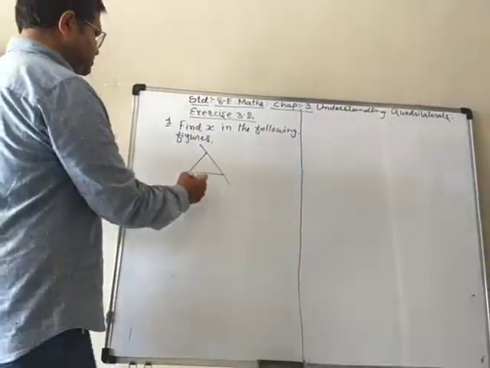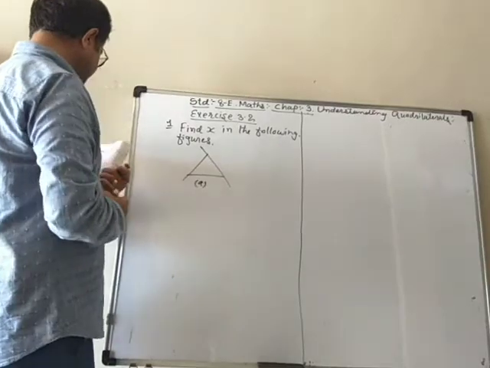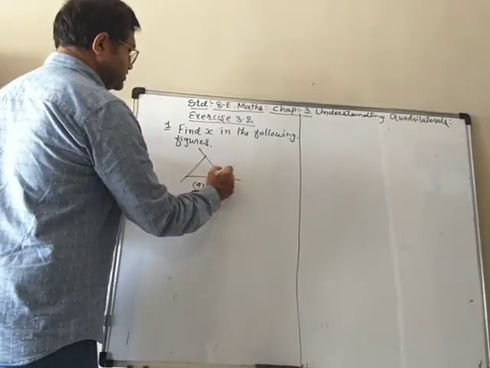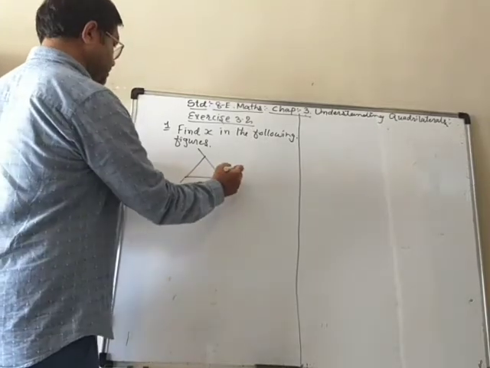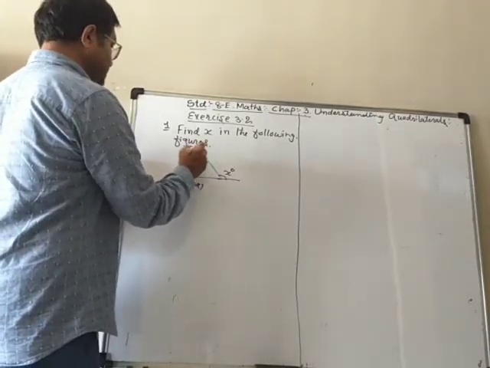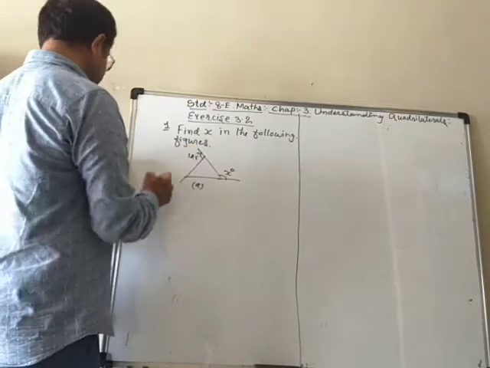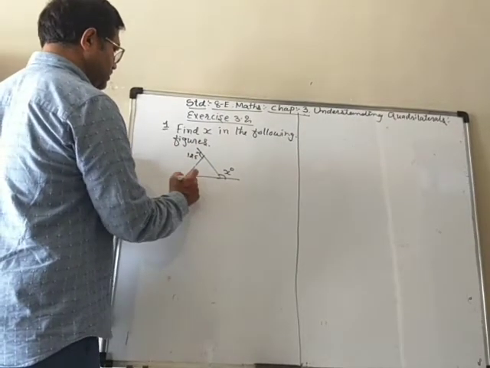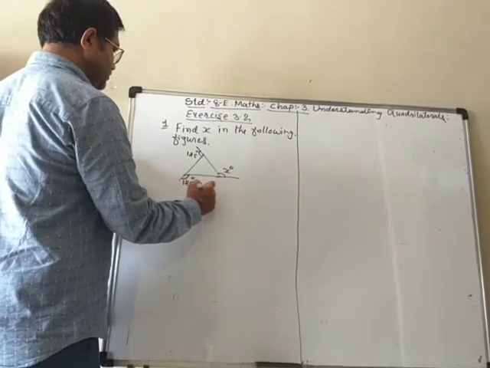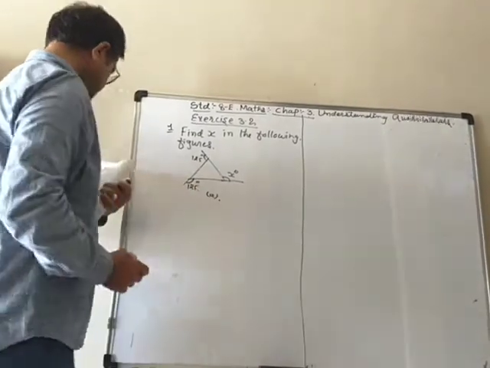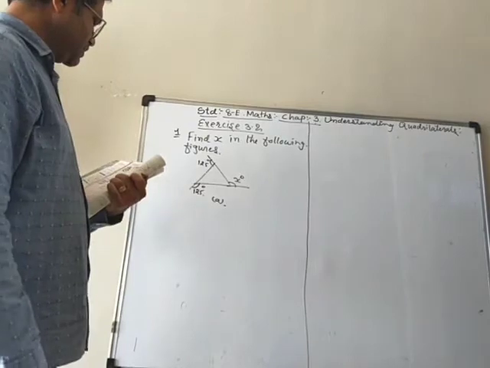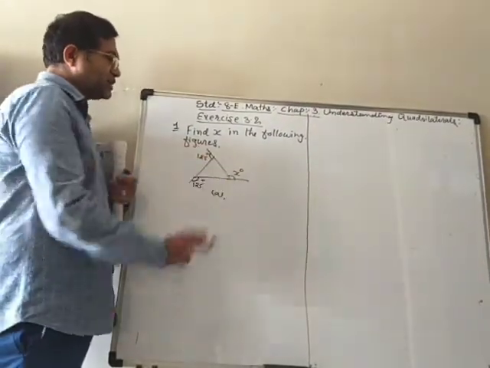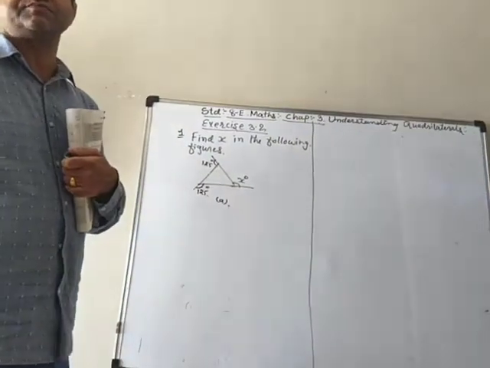First question is A. This angle is x degree. This angle is 125 degree, and this is also 125. And we have to find the value of x. Now you can see that all these three angles are exterior angles.